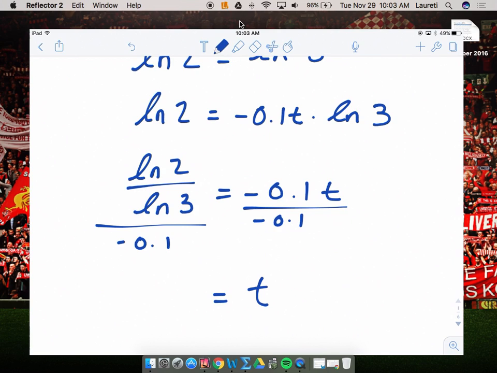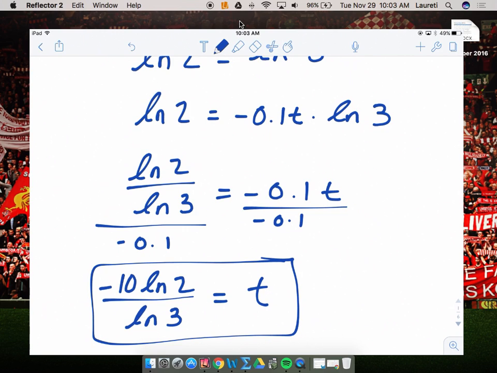Not negative 1 over 10, but negative 10, right? So if you're dividing something by 0.1, you're really multiplying it by positive 10. But since we have the negative, it would be negative 10. So you have negative 10 ln of 2 over ln of 3.